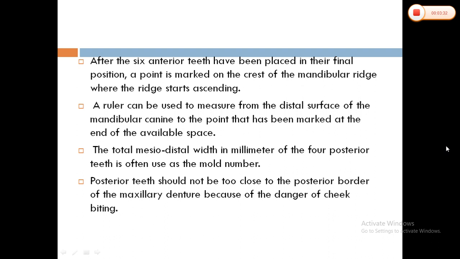The total mesiodistal width in millimeters of the 4 posterior teeth is often used as the mold number. Posterior teeth should not be too close to the posterior border of the maxillary denture because of the danger of cheek biting.